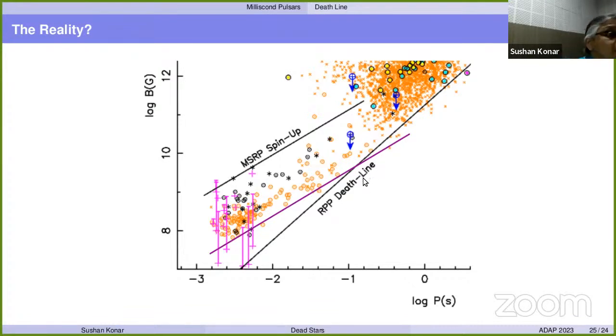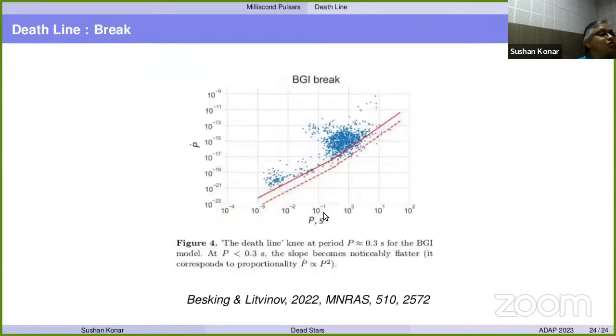One can look at these numbers, but this looks very similar to the kind of thing that Beskin and Litvinov had suggested. So we are arriving at a very similar conclusion, going from taking a different path.